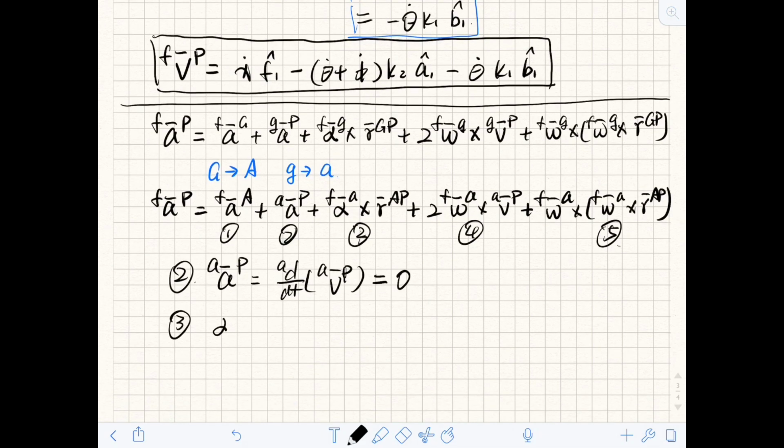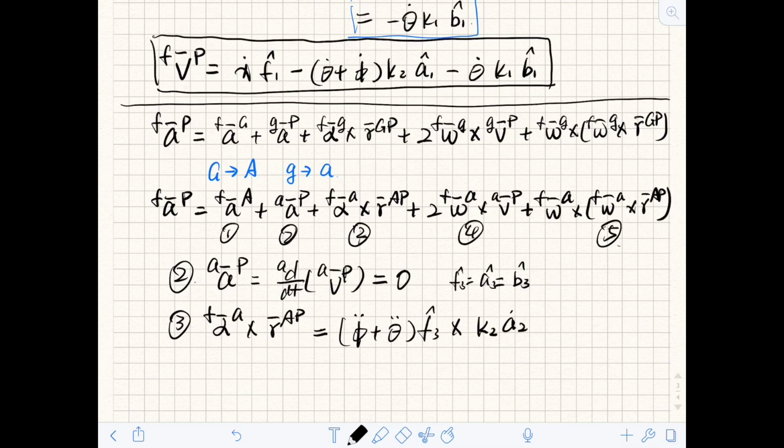Term 3, the angular acceleration of A in F cross RAP. We know the angular acceleration of A in F, as we have found earlier, is phi double dot plus theta double dot in the F3 direction. And we know F3 equals A3 and equals B3. And we have the position vector from A to P as K2 A2.